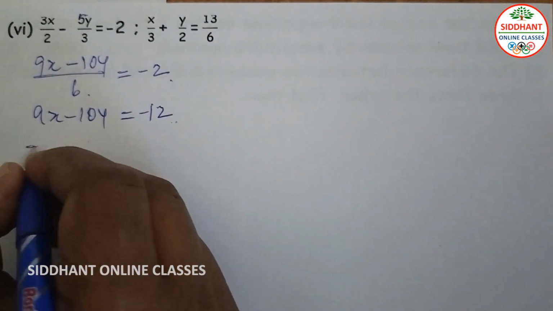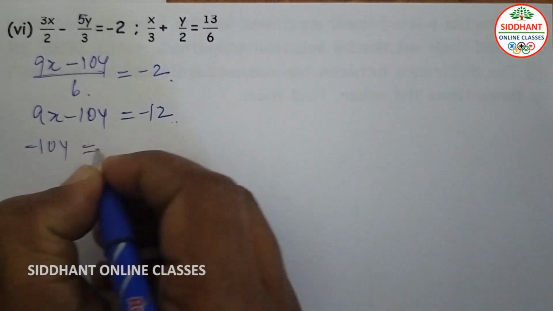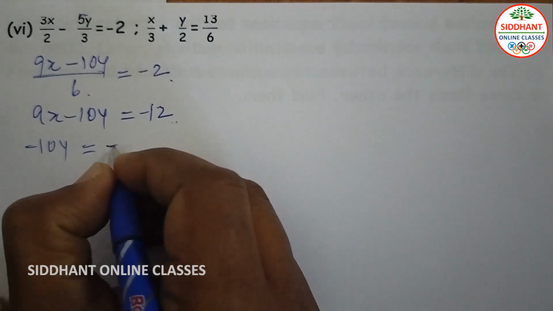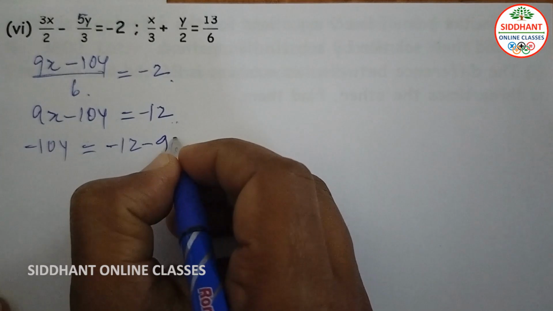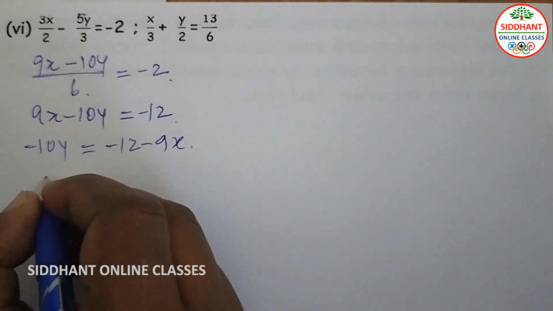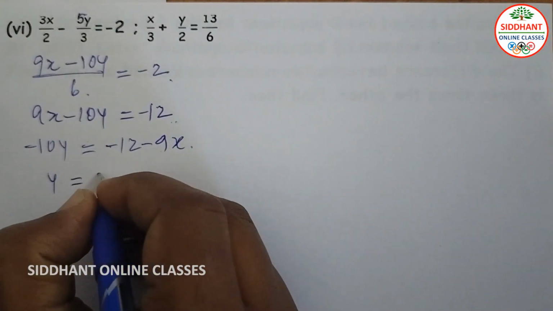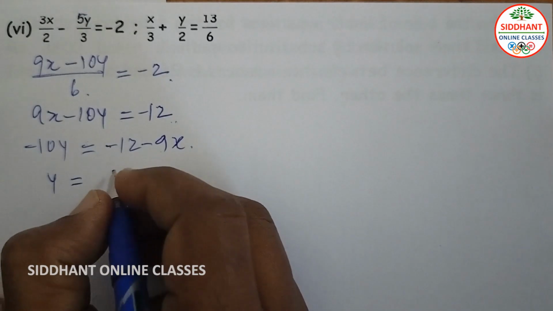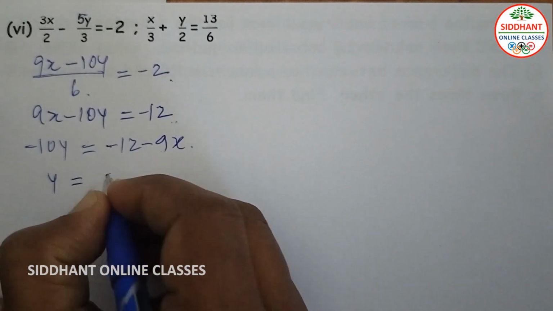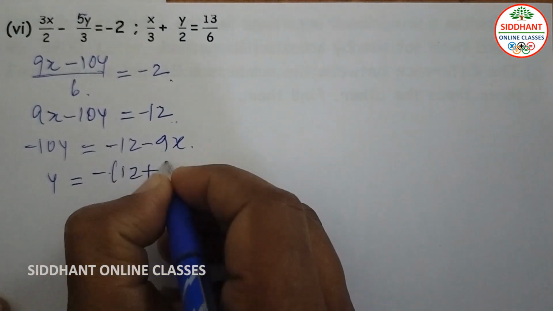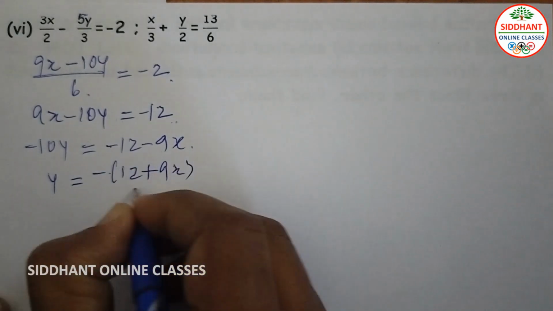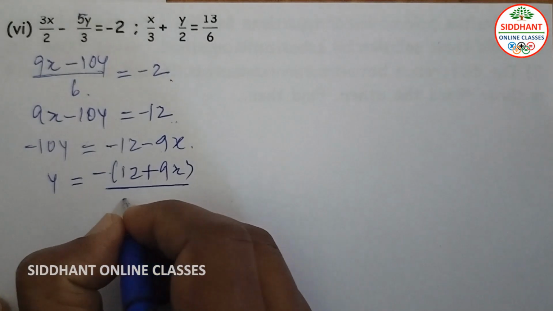That means minus 10y equal to minus 12 minus 9x. So y equal to, we get here minus common, 12 plus 9x by minus 10.